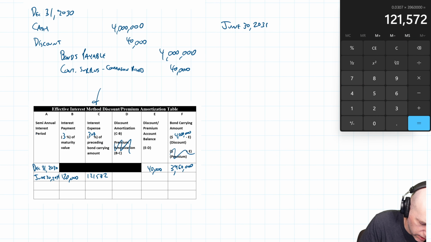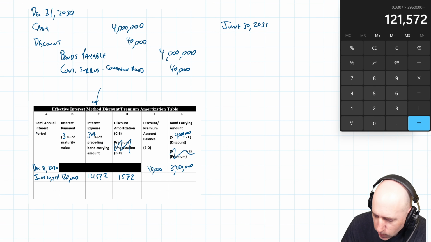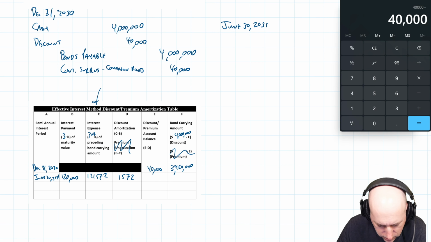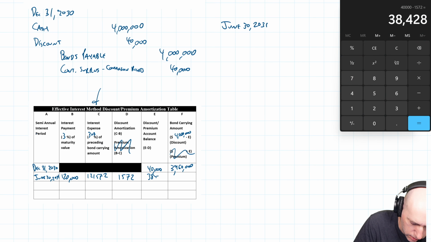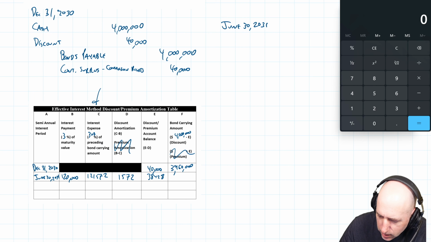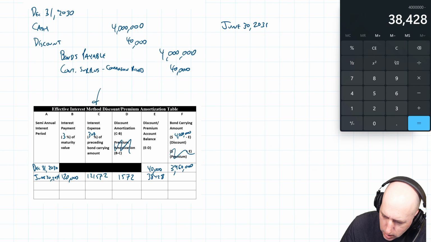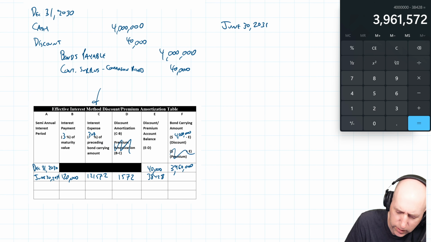So to fill this thing in, $121,572 minus $120,000 is $1,572. And my discount account balance, 40,000 minus 1,572, is $38,428. 4 million minus 38,428 is $3,961,572.